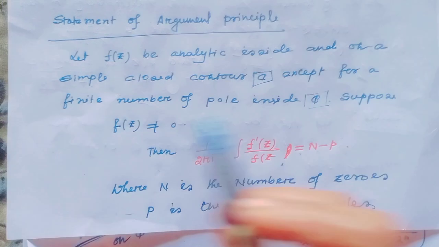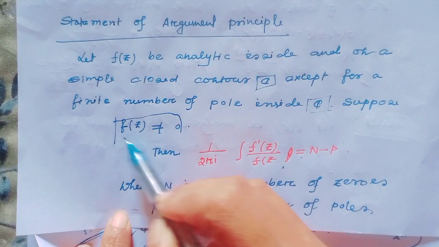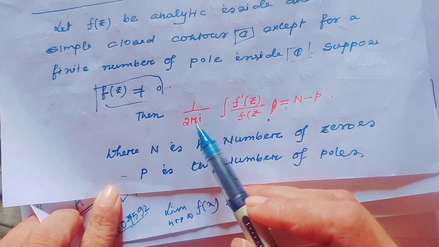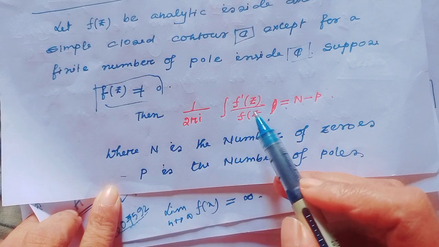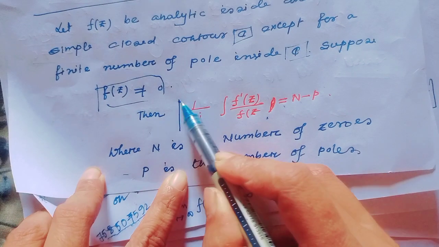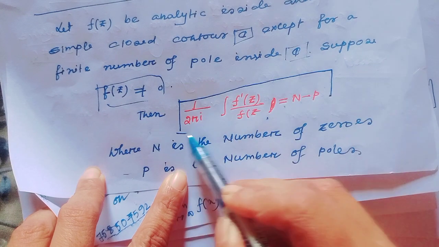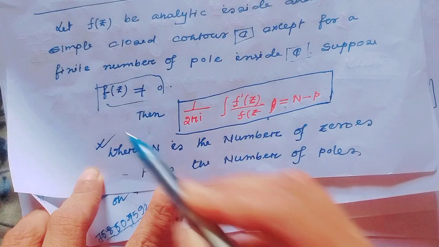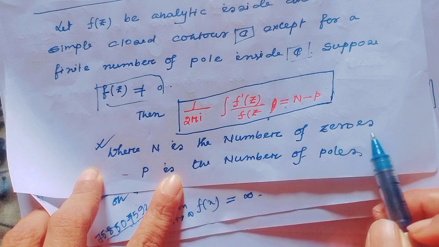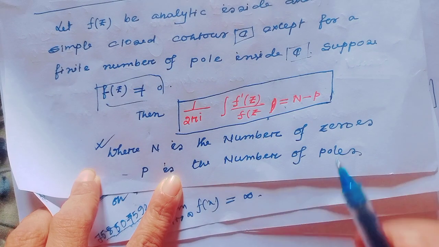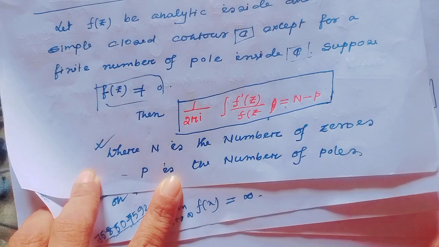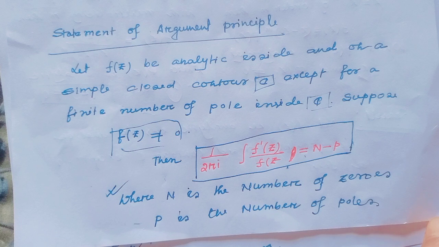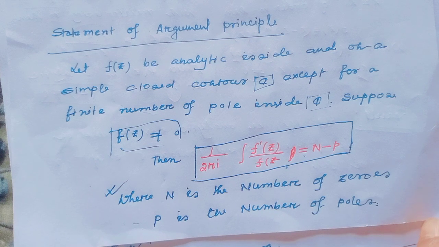Suppose that f(z) is not equal to 0 on C. Then 1 over 2 pi i times the integral of f prime z over f(z) dz is equal to N minus P, where N is the number of zeros of the function and P is the number of poles of this function. This is the statement of the argument principle.